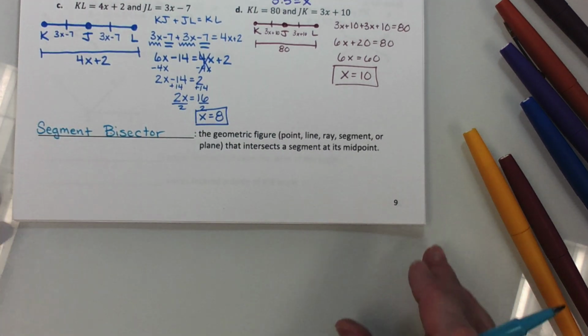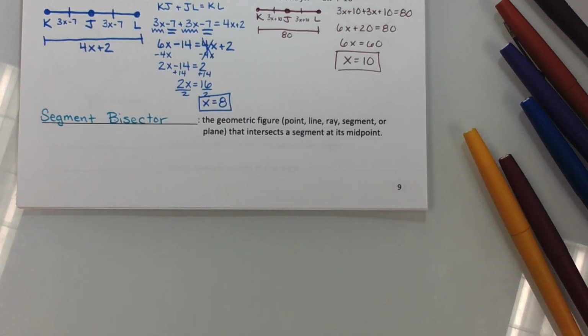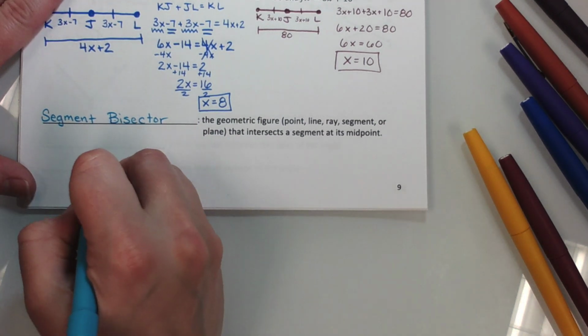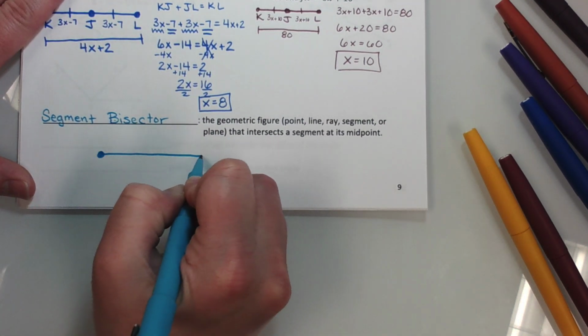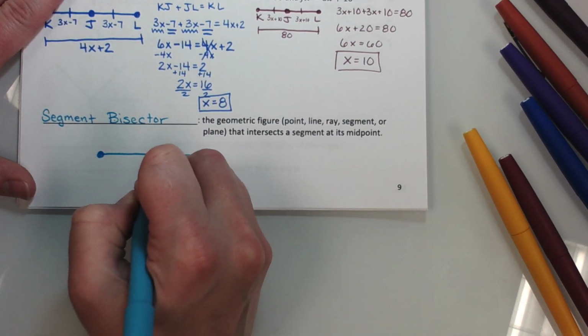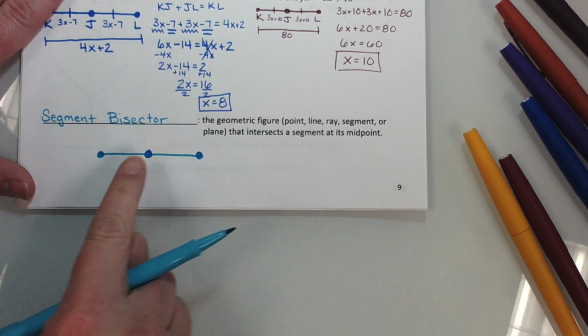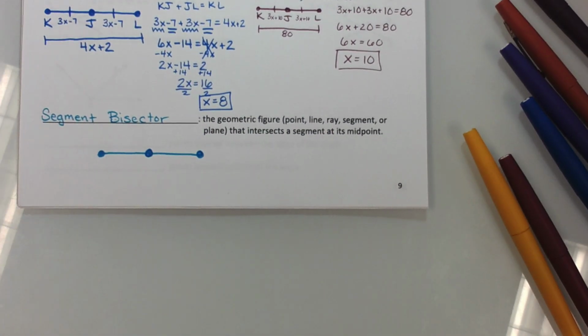Now, a segment bisector is a geometric figure, aka a point, a line, a ray, a segment, a plane, some geometric thing that intersects the segment at its midpoint. So, in other words, I got the segment here. I got its midpoint. Whatever goes through that midpoint is a segment bisector.